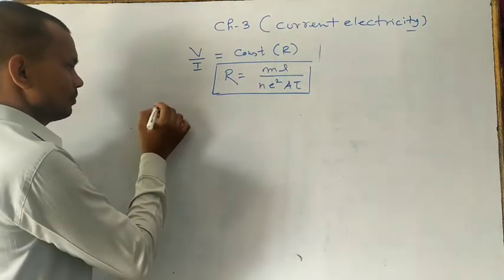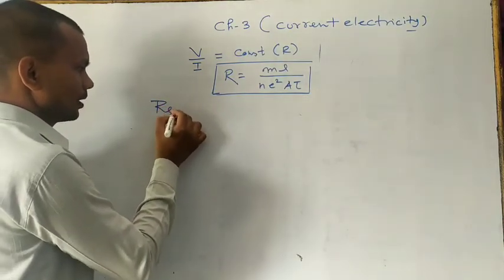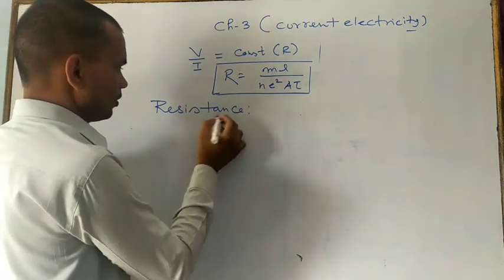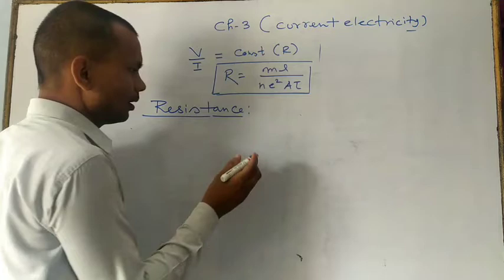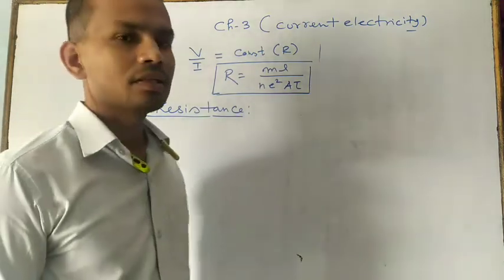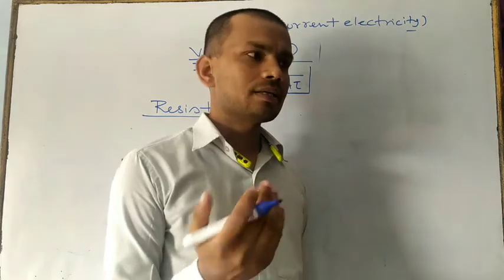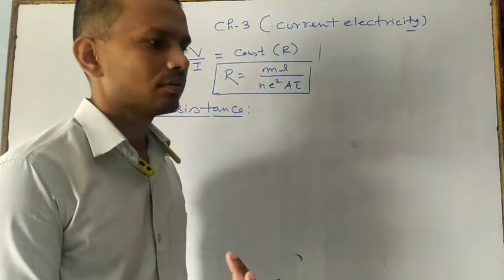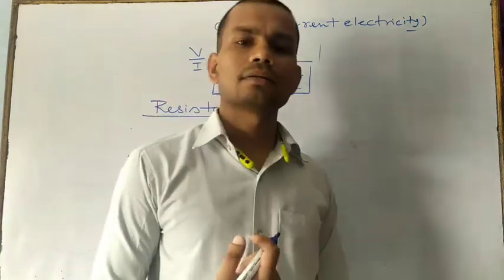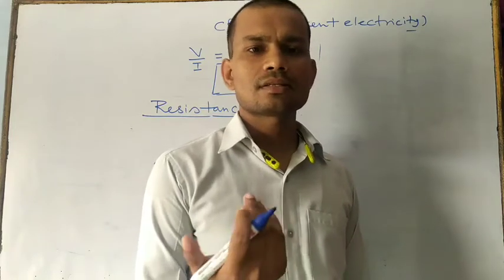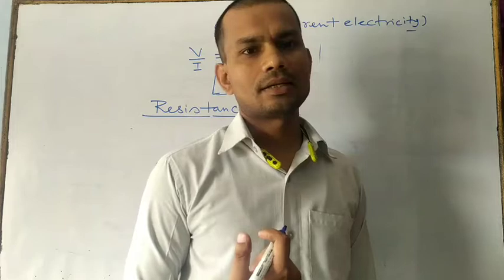We are going to discuss now what is the meaning of the resistance of a conductor. Resistance is simply the hindrance, or we can say the property of any conductor by which it opposes the flow of electric current.